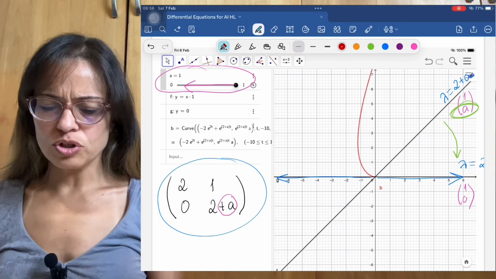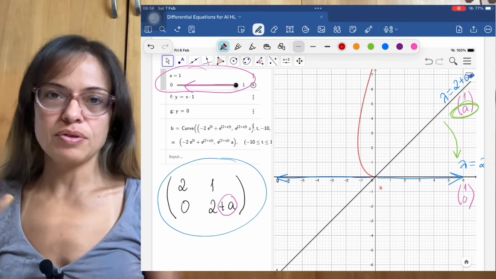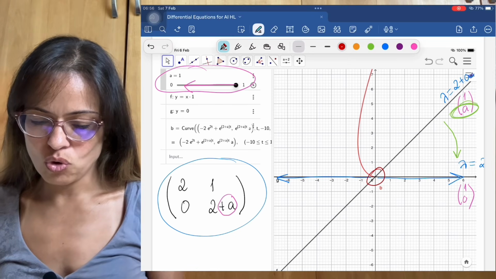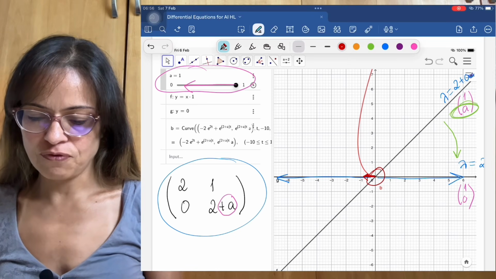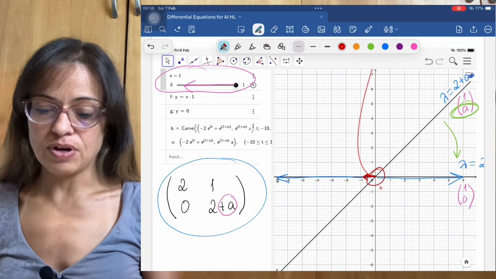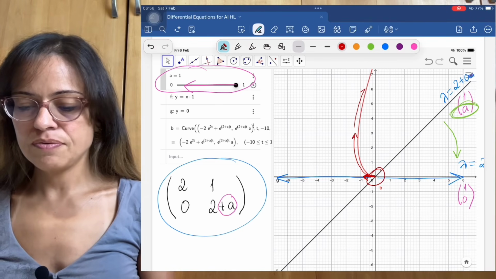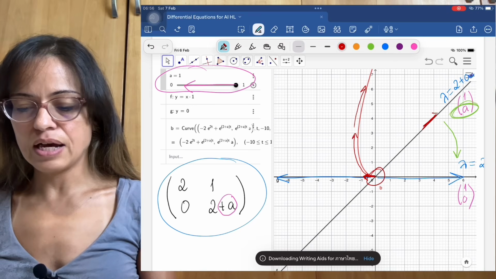We're only looking at one trajectory here, which is this red one, but I think that's enough to understand. Look at what it's doing. It starts at the origin, going to the left, which is following the direction of the eigenvector. And then it turns around and bends in the direction of the other eigenvector.